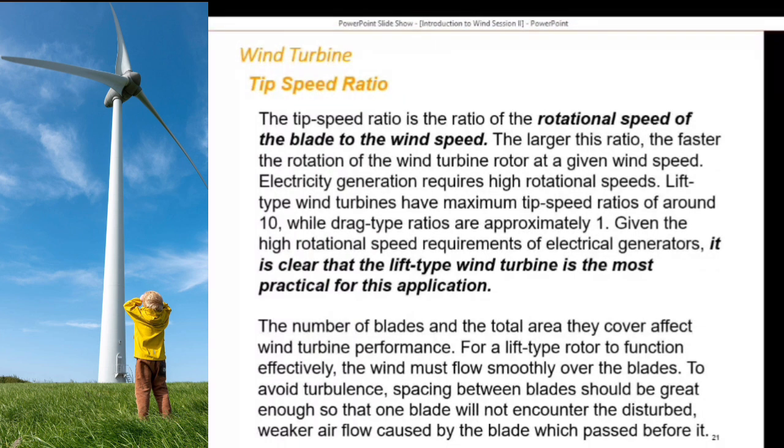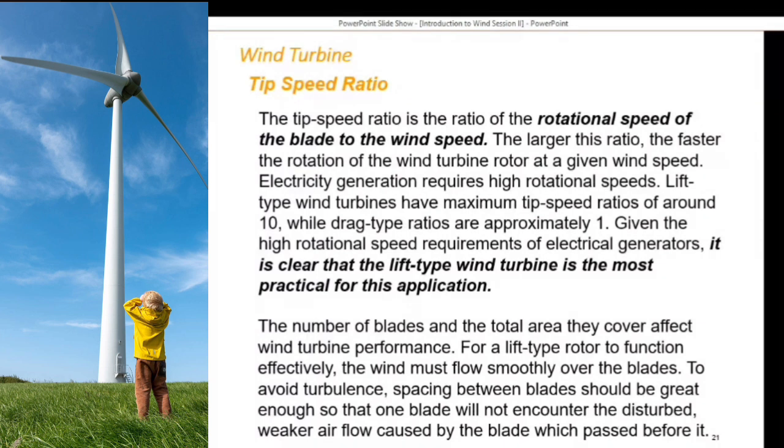Electricity generation requires higher rotational speed, and the rotational speed, we know, is caused by the wind speed. Lift type wind turbines have a maximum tip speed ratio of around 10. Given the high rotational speed required of the electrical generator, it is clear that the lift type wind turbine is the most practical for this application.